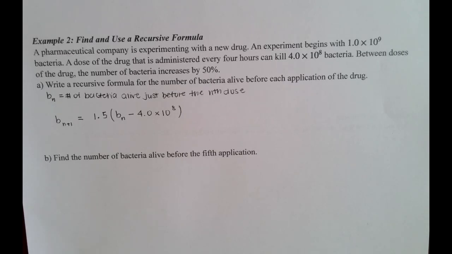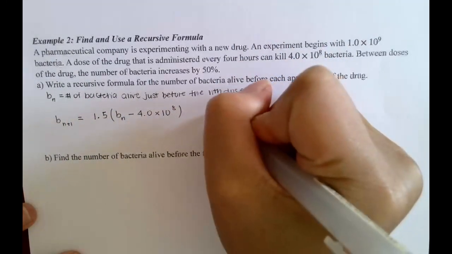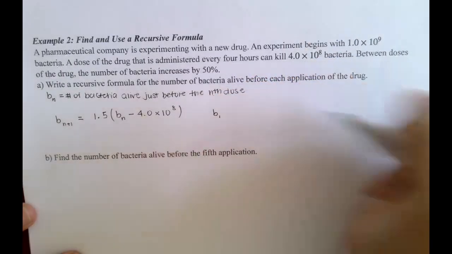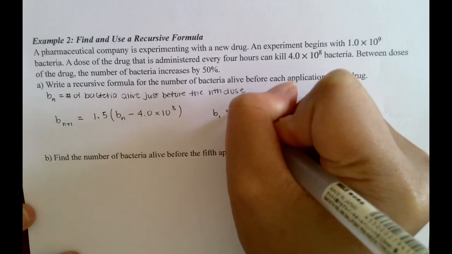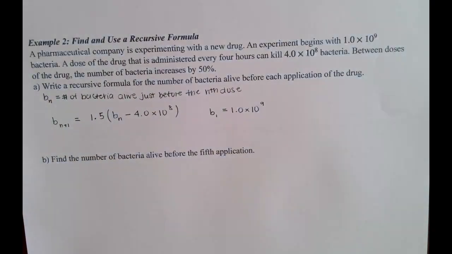Okay. And then if you want, you can distribute it and simplify. Okay. And then what we know, when you give a recursive formula, you should always say what we're starting with. So here, in the beginning, there is 1.0 times 10 to the 9th.